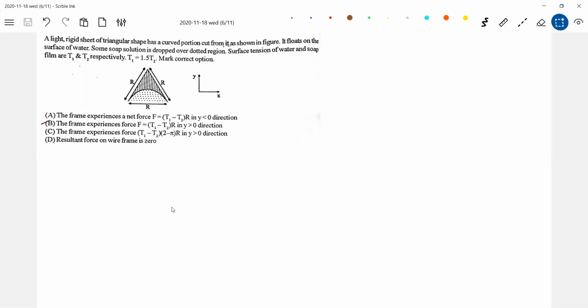Something new idea is there, no? Till now it was straightforward, the things were straightforward. So what about here? Some curved section I brought.